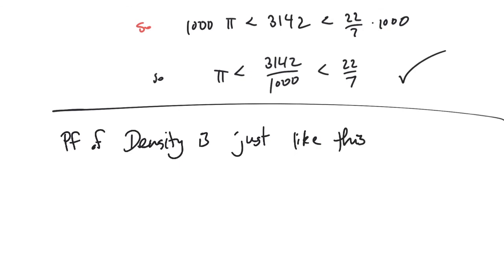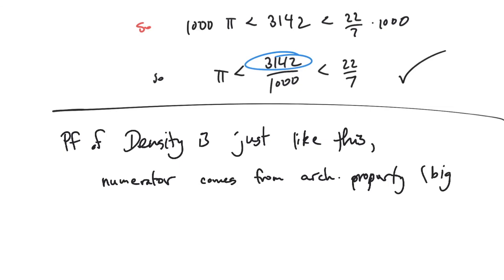The numerator, let me just say in a little bit of detail. The numerator, I mean this numerator here, 3142, comes from the Archimedean property, the big version, right?